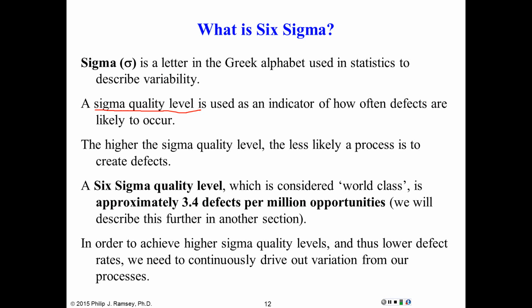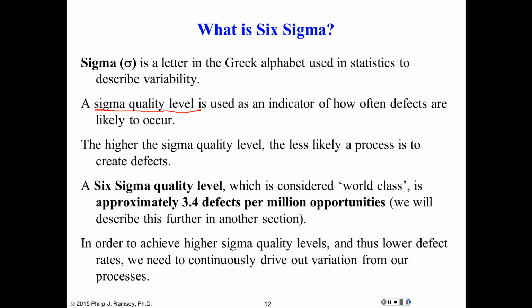It's falling into disuse. It's a nice concept, but it's something very hard to measure in practice. So the higher the quality level, the higher the Sigma quality level. So a high Sigma quality level means that you have very high quality and errors or defects in a process or service are very rare.